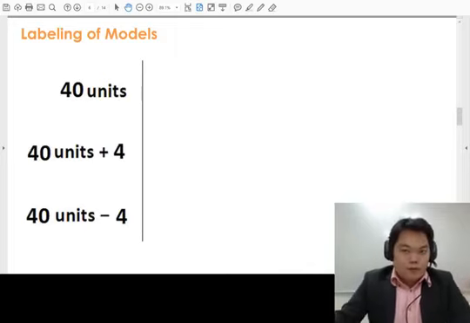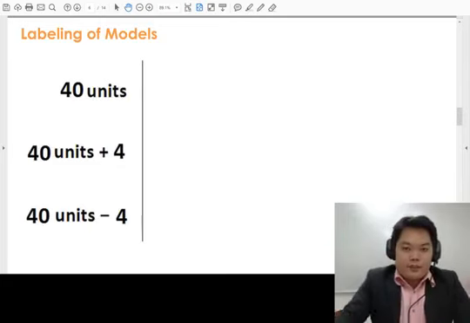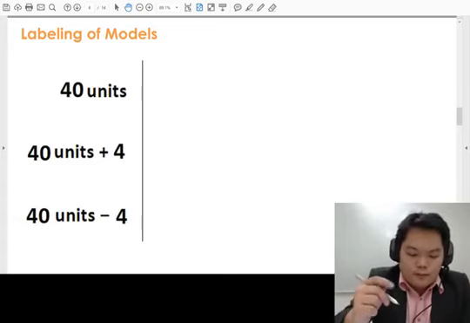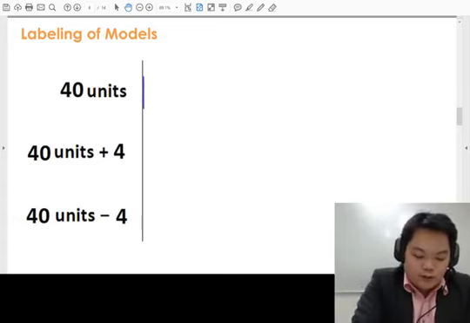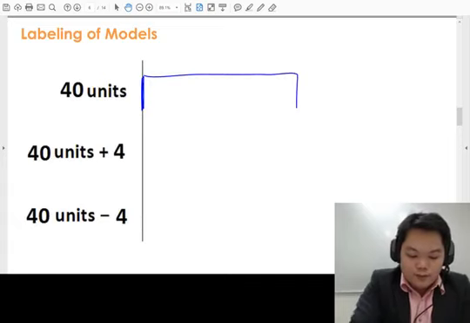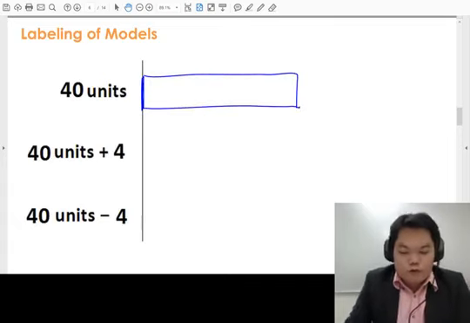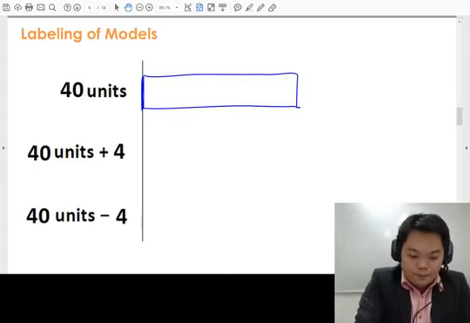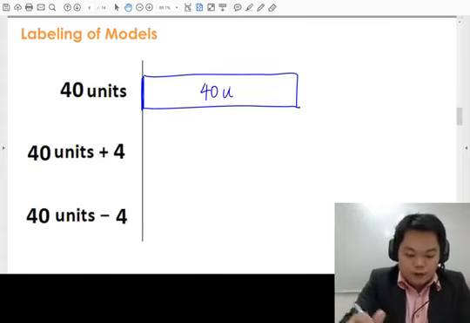But what if it becomes a very big number, like 40 units? Then it becomes very troublesome to draw out every single bar. As such, this is what we would do instead. We draw 1 bar and we label it as 40 units.